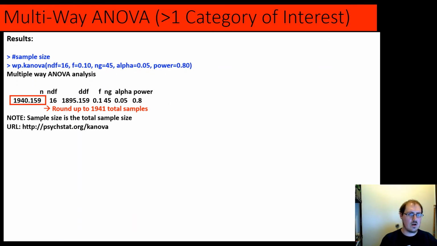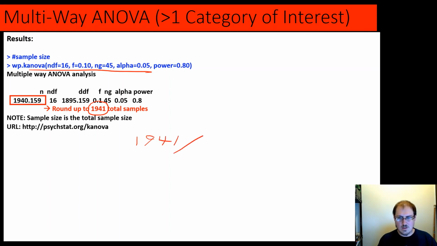Looking in R, again similar to the case with only one category of interest, we just plug in all our values, and we get a total of 1941 samples.